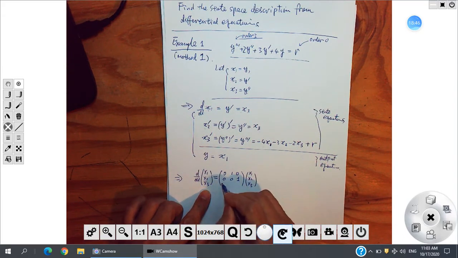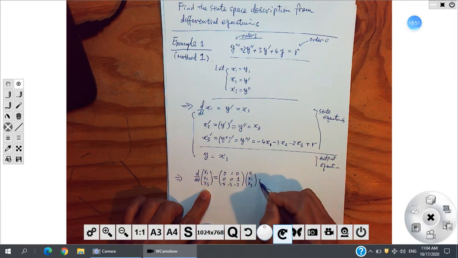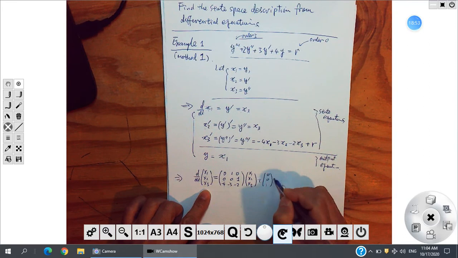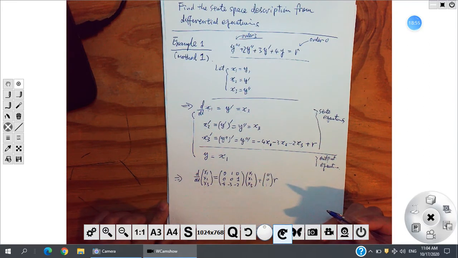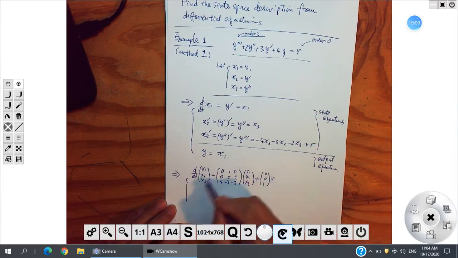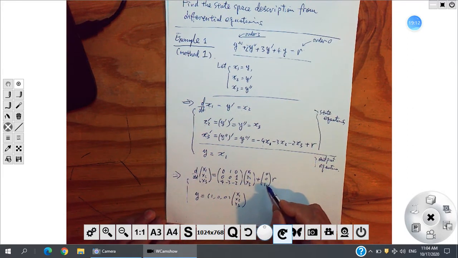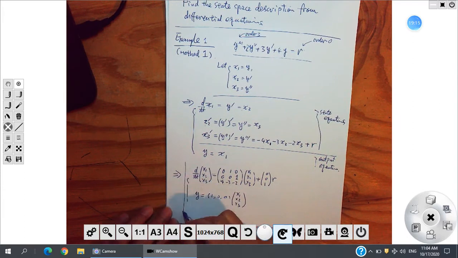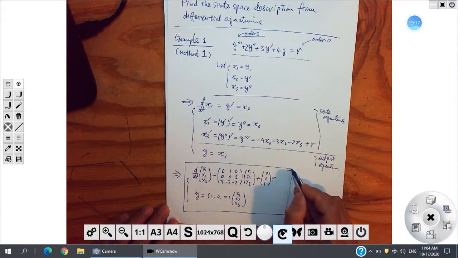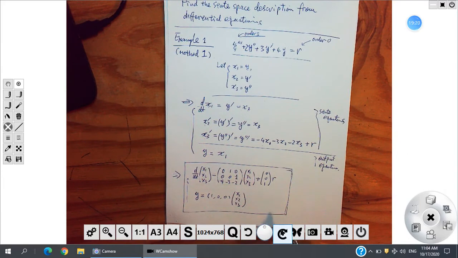I have negative 4, negative 3, negative 2, and plus r, so 0, 0, 1, r. And then y, I also write in matrix form. It's 1, 0, 0 times x1, x2, x3. Alright, we get it. So this is the final matrix form of the state equations of the system.